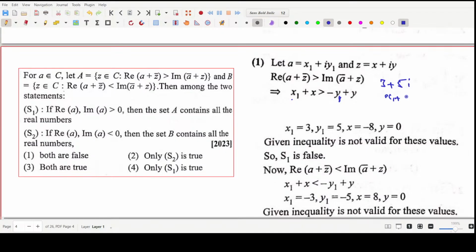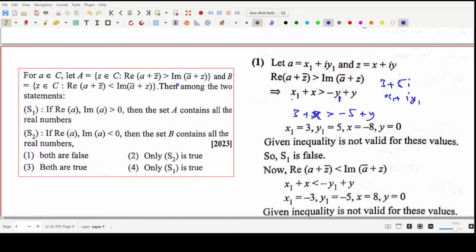This is x1 plus iy1. So what does that mean? 3 plus x should be greater than minus 5 plus y, right?